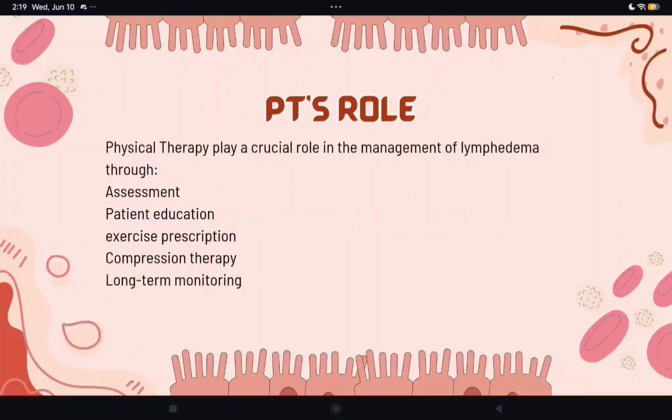The physical therapist plays a crucial role in the management of lymphedema through assessment, patient education, exercise prescription, compression therapy, and long-term monitoring.